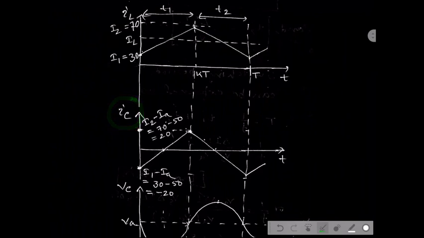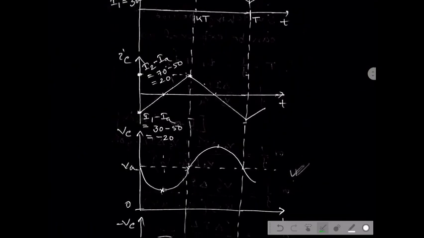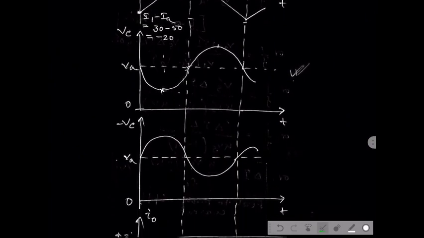As we know, the capacitor current magnitude is I1 minus IA and I2 minus IA, as the inductor current is I1 and I2. First, think about this: this is a kind of chopper operation, which is why the output voltage should be regulated DC.